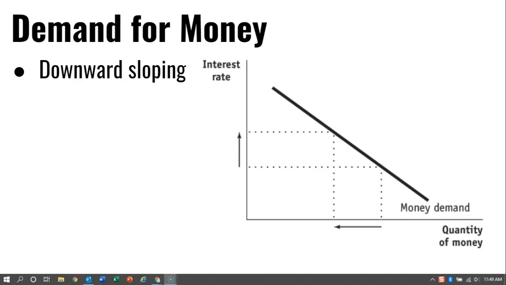If I carry cash, I'm giving up whatever interest I could earn by having that money in a checking account or a short-term CD. So the higher the interest rate I could earn on my money, the less money I want to hold, and the lower the interest rate I could receive, the more I'm willing to carry because I'm losing less, right?